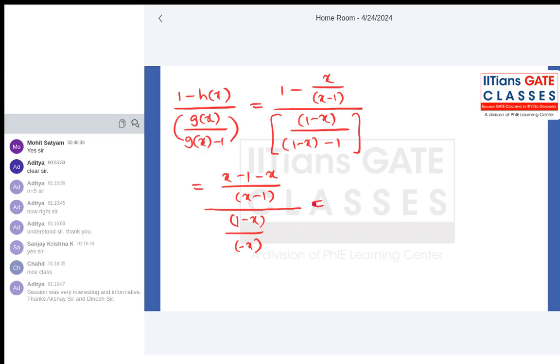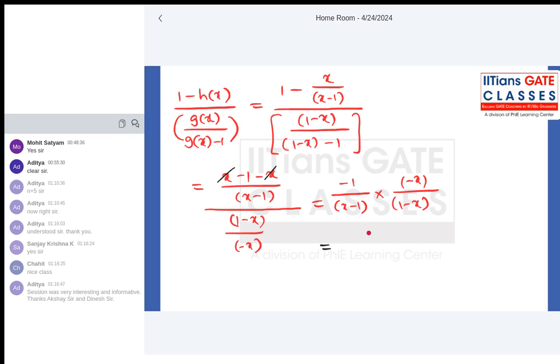Now you can simplify because you have minus 1 by x minus 1 in the numerator, and we'll reverse the denominator so that it becomes a multiplying factor. So this is just a simple simplification, because as you can see, x and x will get cancelled, so you'll have only minus 1 in the numerator, minus 1 by x minus 1, and the denominator is 1 minus x minus x.